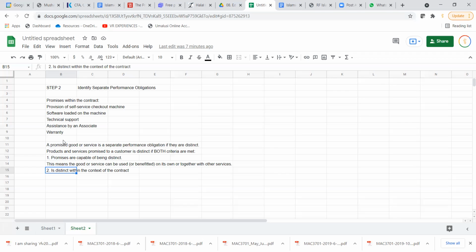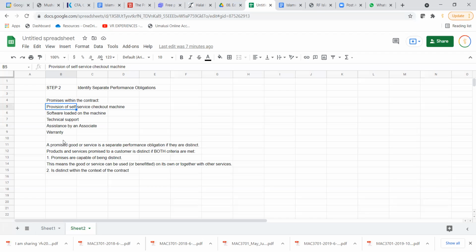So now let's have a look. Over here, the provision of the self-service checkout and the software, given the context of the contract, although the checkout machine can be sold separately, although the software can be sold separately, the way the contract is structured is that the machine can't operate without the software.